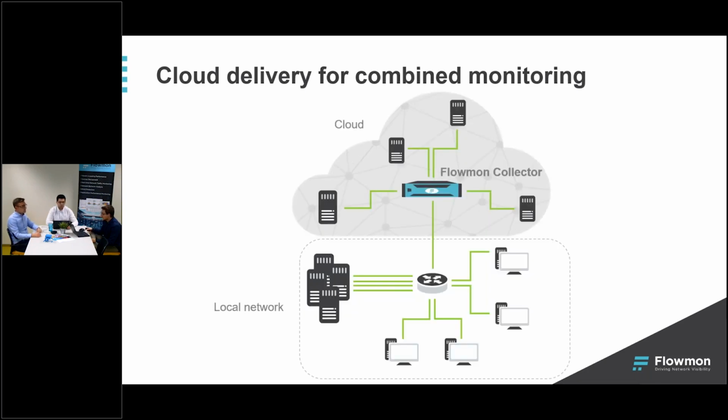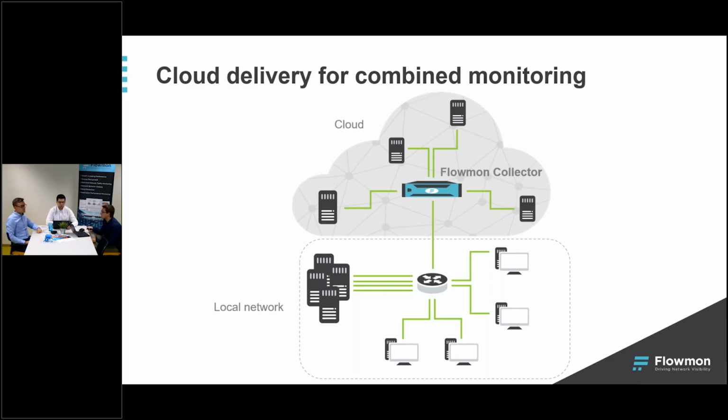Last but not least, the third scenario is probably the most common one. When you have a combined environment, you still have some servers, maybe some infrastructure in your local network, and you are getting to the cloud.